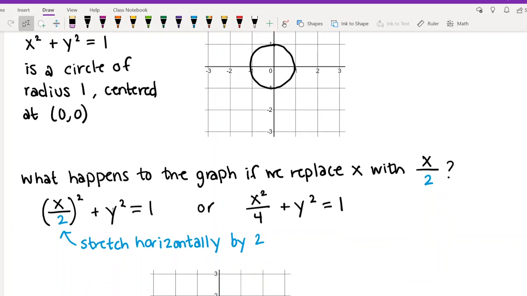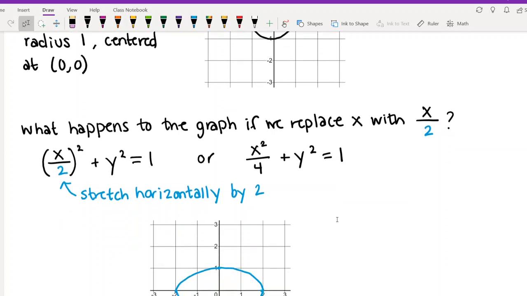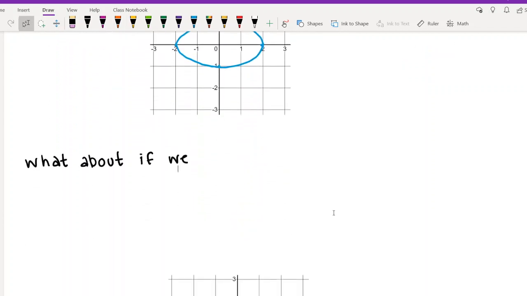Anything you do to change x and to change y will affect the horizontal and vertical things the same way. It's not like one of them is opposite of what you think and one of them is the same. They're both going to be kind of opposite, if that makes sense. Hopefully that didn't sound really confusing, but you'll see in a second.